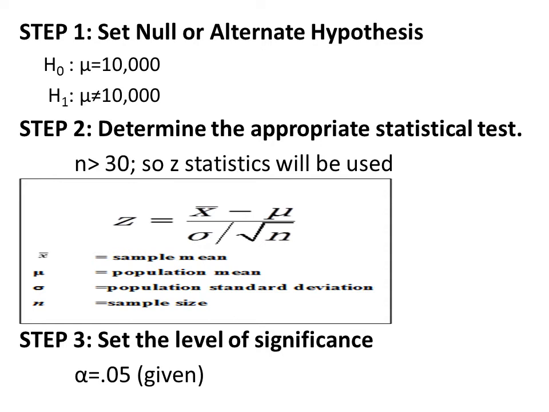The second step is to determine the appropriate statistical test. Since the sample size is 200, which is greater than 30, we use Z statistics. The Z formula is given, which says the observed Z value is equal to the sample mean minus the population mean, divided by the population standard deviation divided by the square root of the sample size.